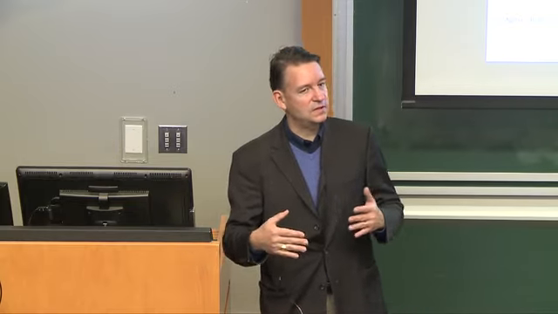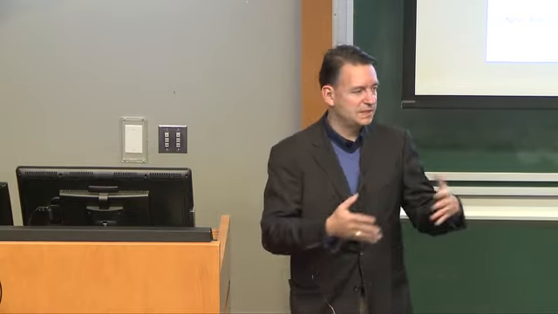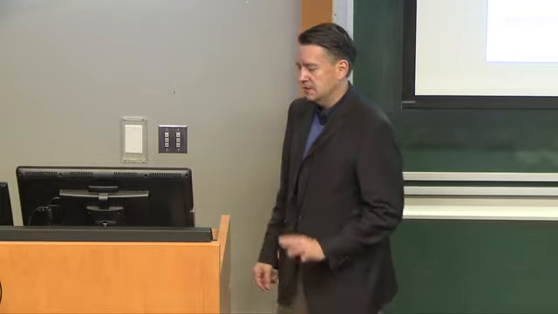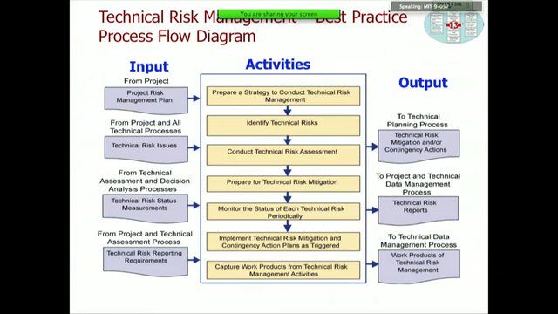And so depending on what industry you're in, whether it's automotive, medical, spacecraft, how much risk and safety is involved, this is more or less emphasized in the industry. But it's a big part, I think, of the system engineering job to understand this. Here's, again, a flow diagram for how to do this risk management properly.